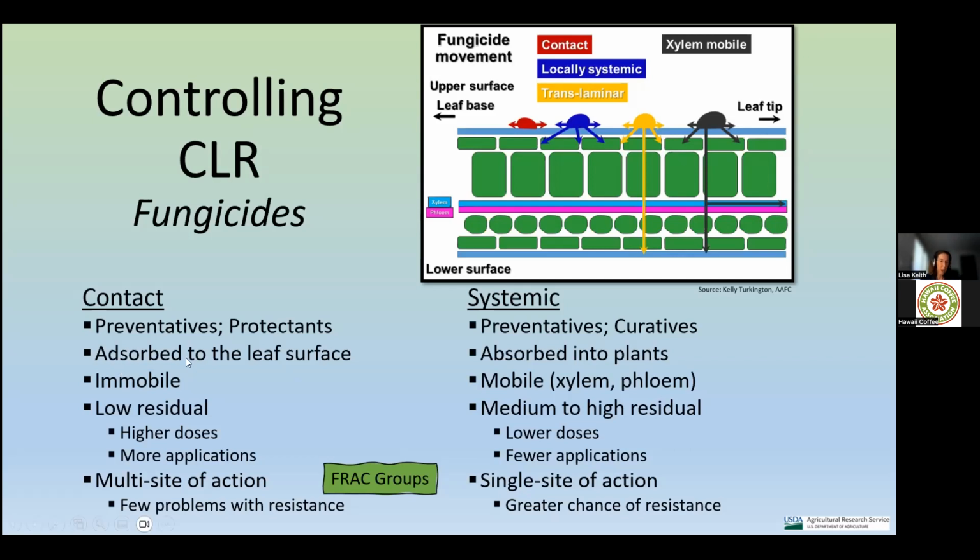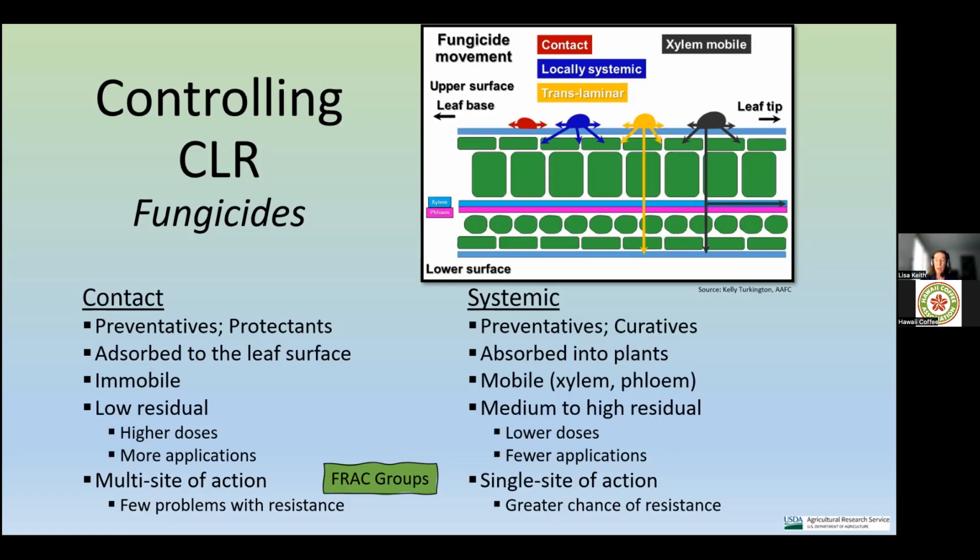Contacts all tend to have a low residual, which is why higher doses and more applications are needed, which is the opposite with systemics. They tend to have medium to high residuals, so you can apply less and at lower doses. Now, contacts are good because they have multi-site modes of action, okay, which means there are often very few problems with resistance.